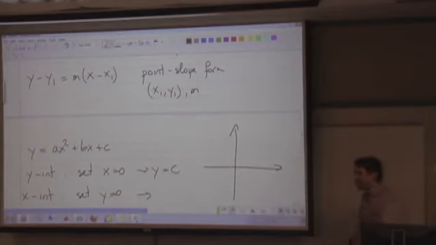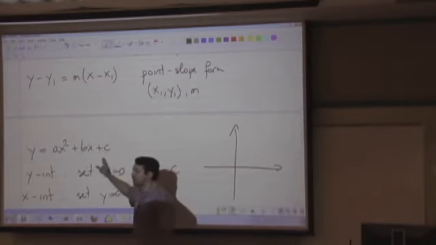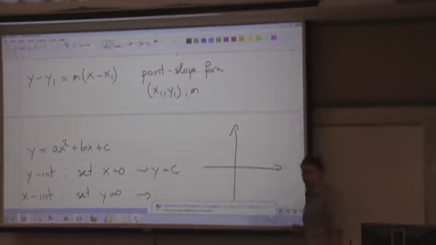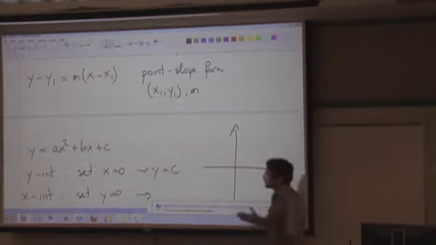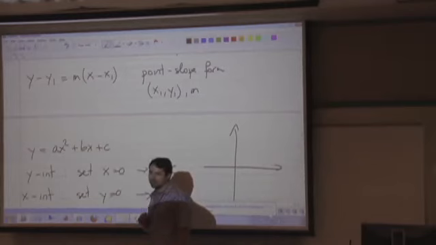For quadratics or linears, it's a lot easier to look at the y-intercepts. But what if I throw in some trigonometric function? Then it might not be that clear. If I say y equals sine of x, where is the y-intercept? Zero.